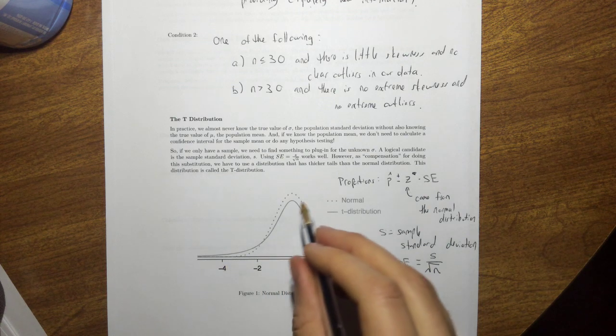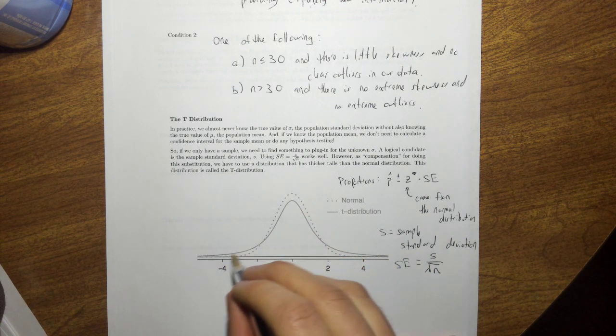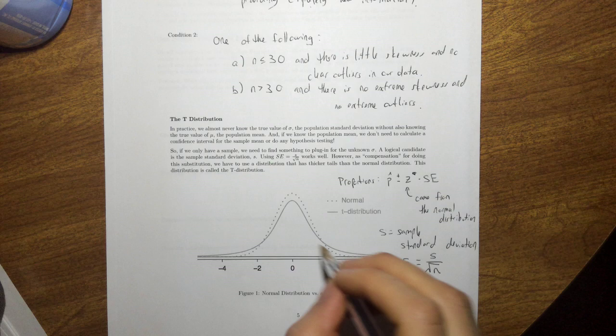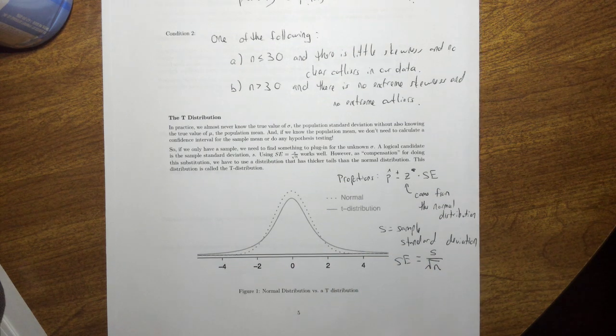You can notice from this picture that it has fatter tails than the normal distribution, but otherwise it looks pretty similar. It's still bell-shaped-ish, and we're still going to use StatKey to find our t star values or to get a p-value from the hypothesis test.